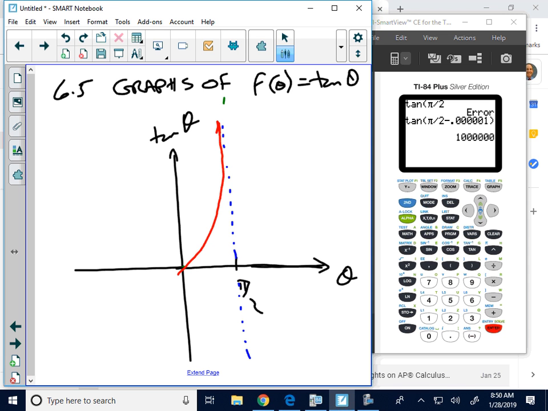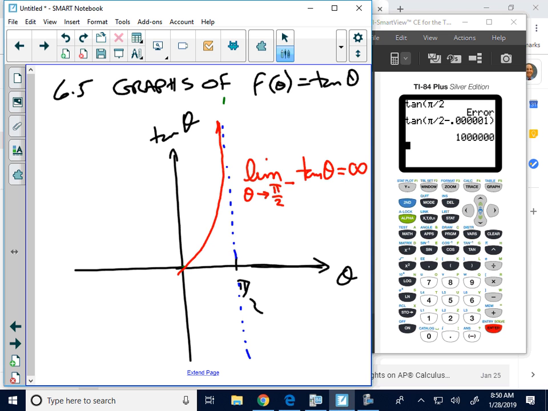There's some very specific notation your textbook uses. It's called a limit, and it says as theta goes to pi over 2, and then they have this little minus sign up in the air. It's like hovering, right? The tangent of theta is going to infinity. It gets really, really large. The tangent just goes big.